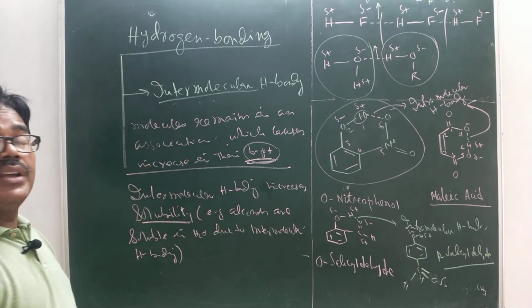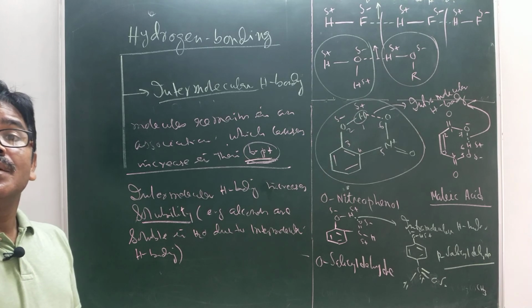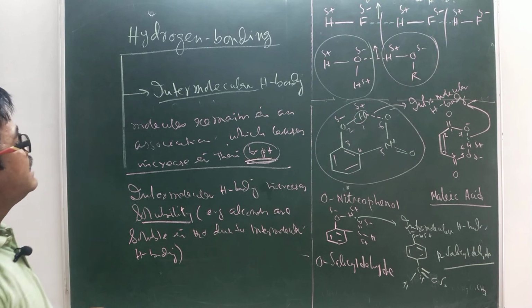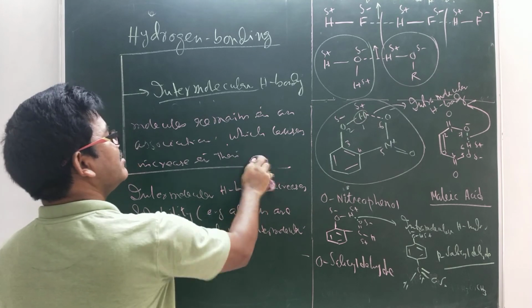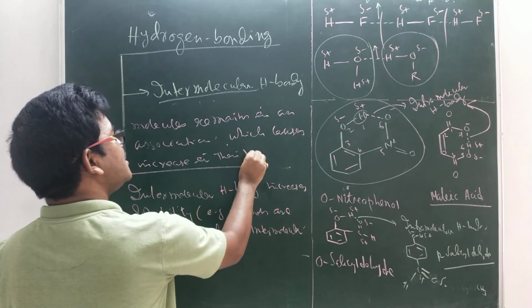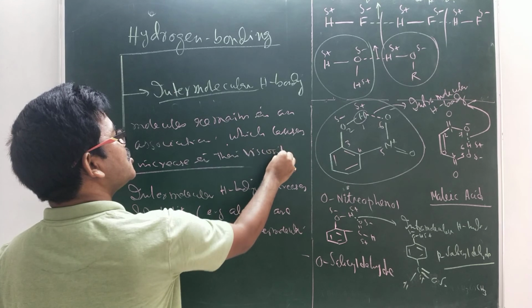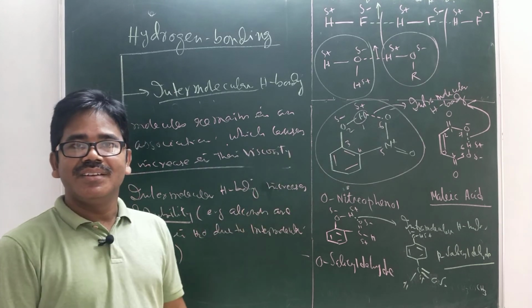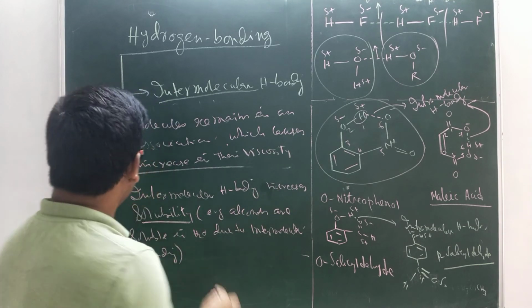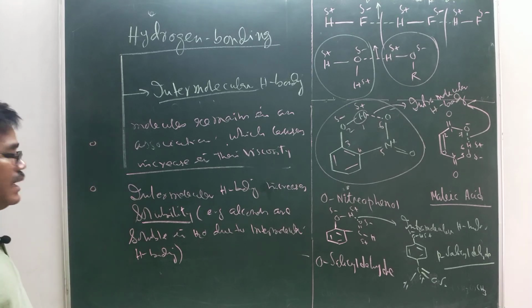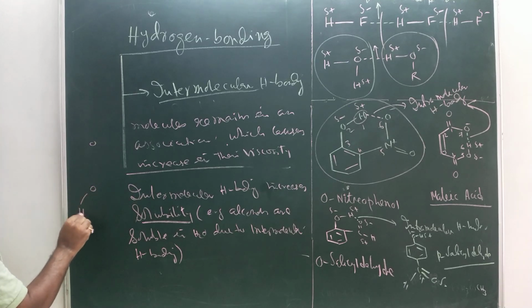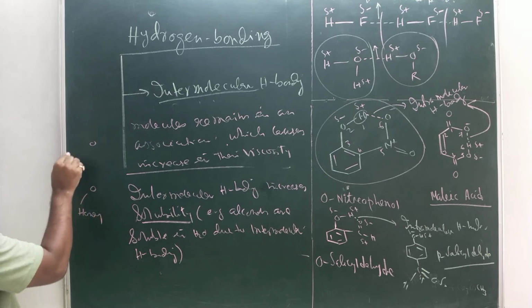Intermolecular hydrogen bonding increases their viscosity. What is viscosity? Resistance to flow. Suppose you take a drop of water here, and a drop of honey. This is honey and this is water.